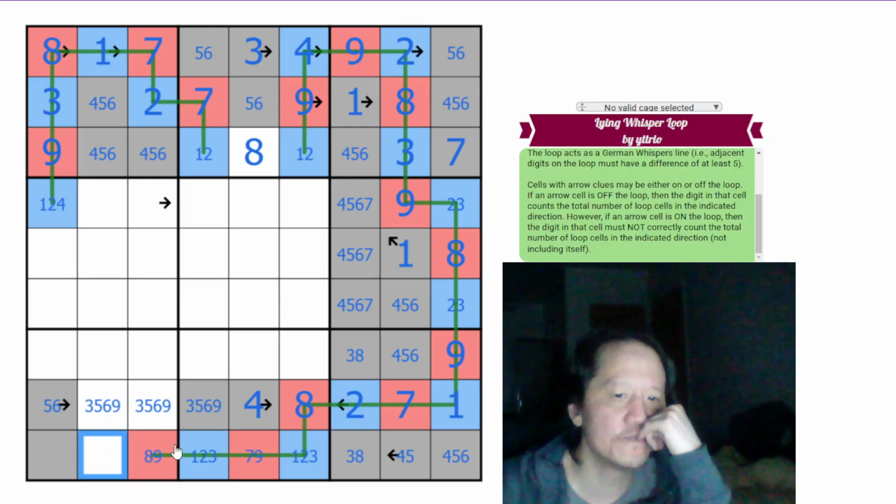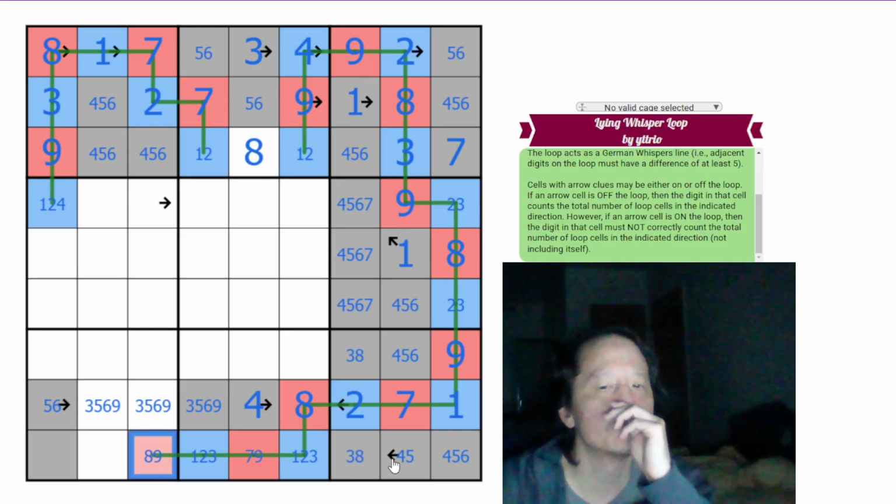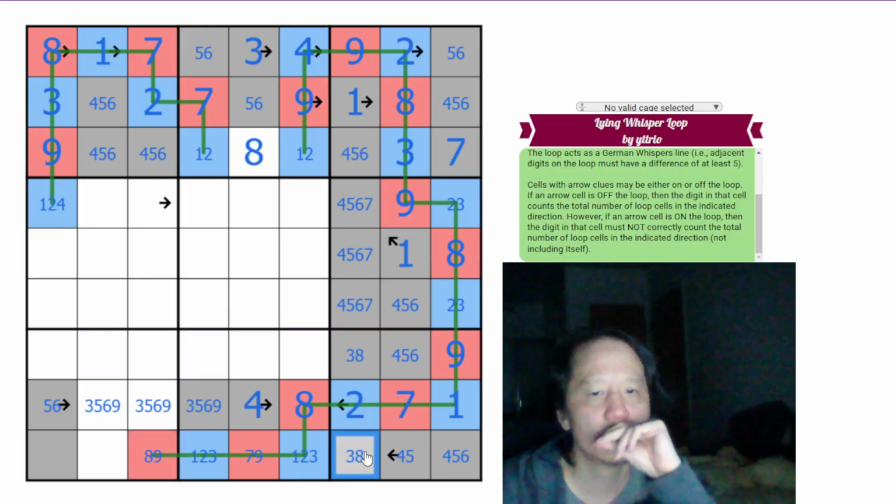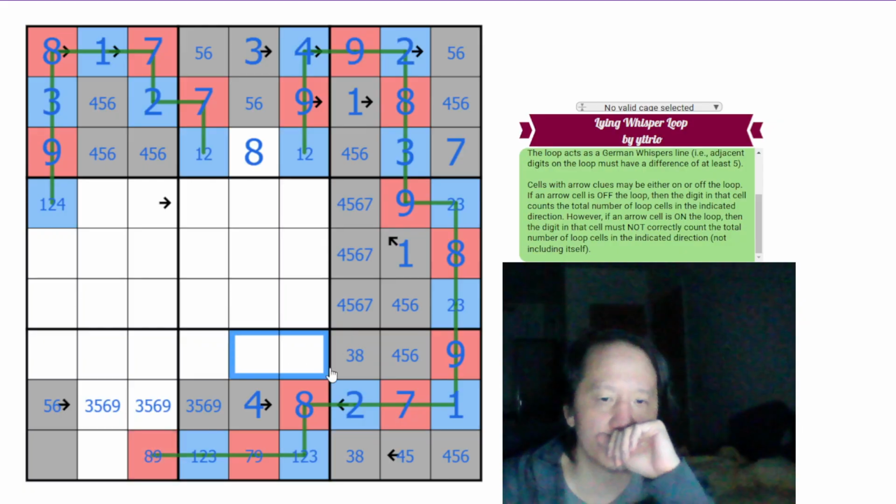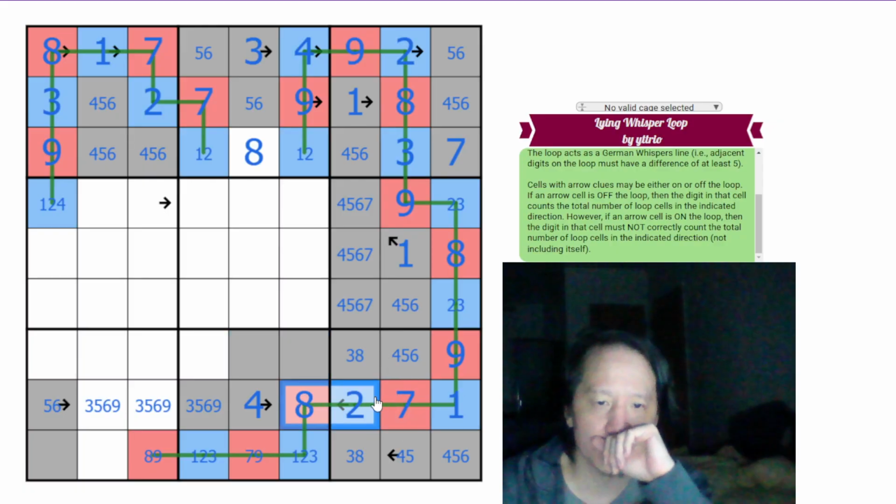Interesting. So if it goes this way, it has to be 3. It could be 3, 9, 8. Which would make that 3. Okay, so yeah, also these two cannot be on the loop because they touch this.